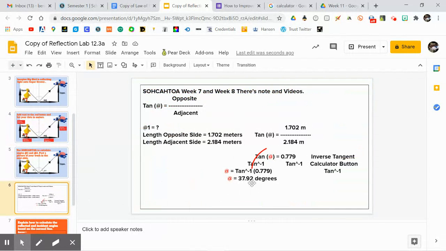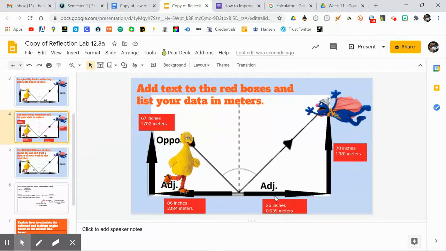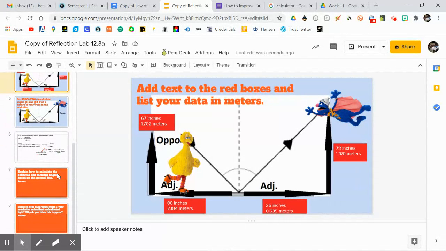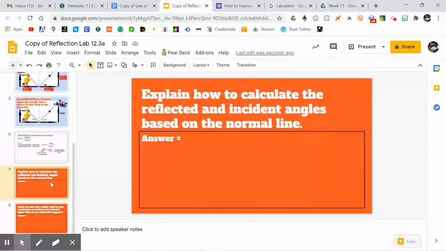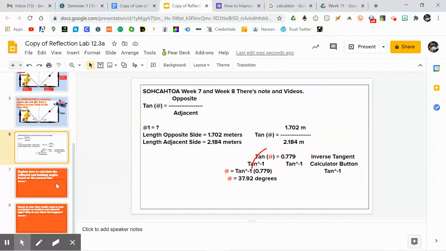And if this angle is not the same as this angle, then you did something wrong. Sorry to say, okay? And you kind of have to tell me what it was that you did wrong, okay? Let's see. So that is the math behind that.